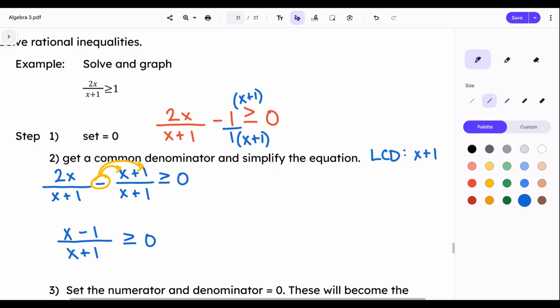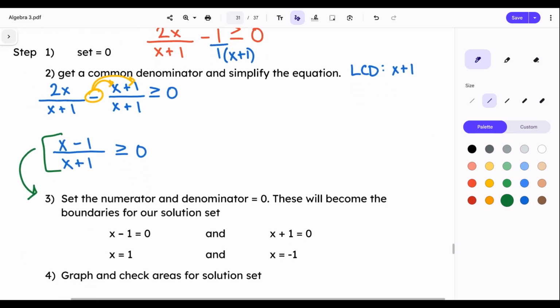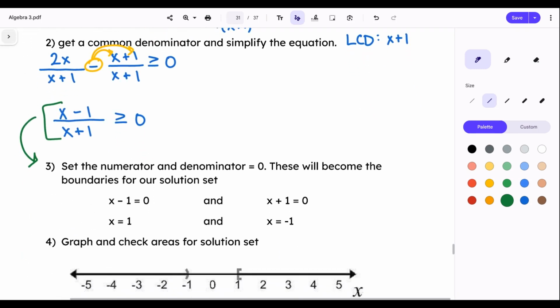Now, in order to figure out what our boundary points would be for the number line when we're trying to figure out what our solutions are, we have to look at this new expression. So we're using this to go on to step number 3. Step number 3 is showing you what we're getting for our boundaries. And to do that, you have to set your numerator and your denominator equal to 0.